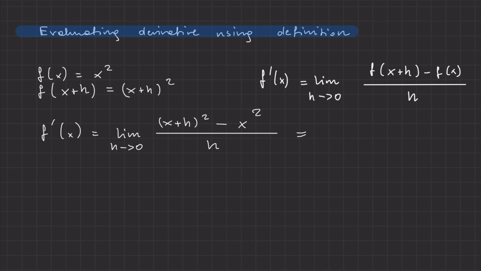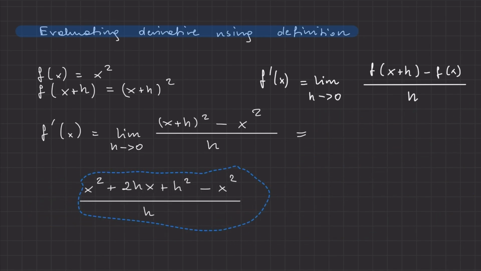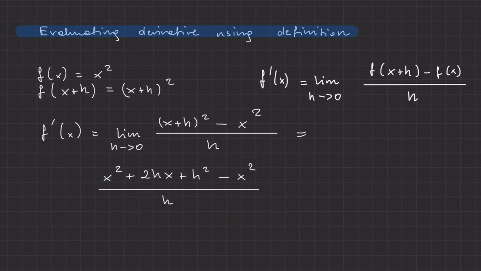It will equal x squared plus 2hx plus h squared minus x squared, divided by h. And we have to remember to put the limit before this expression. So I will correct this to h to 0.